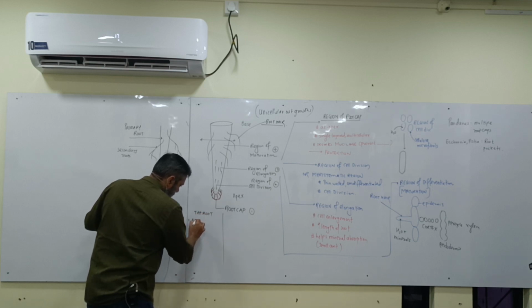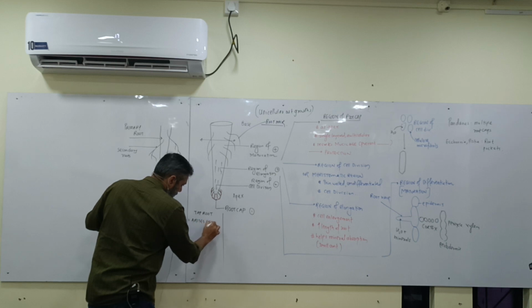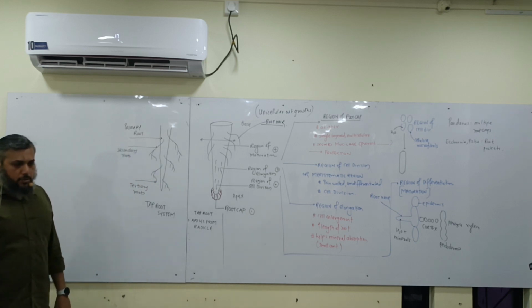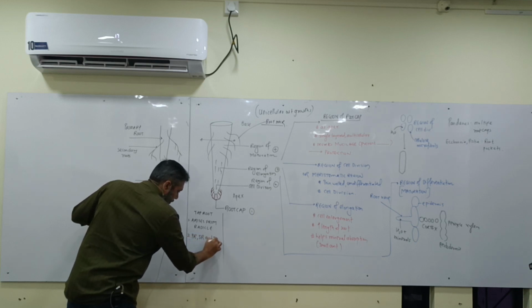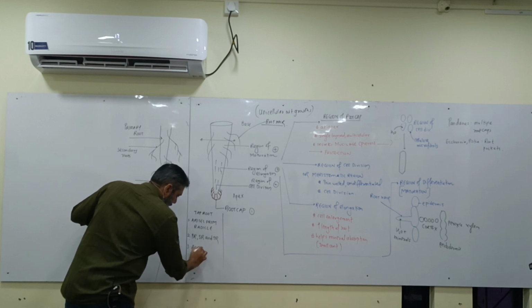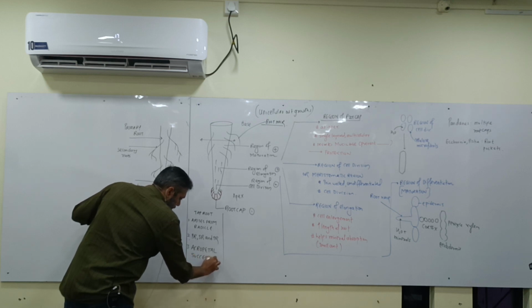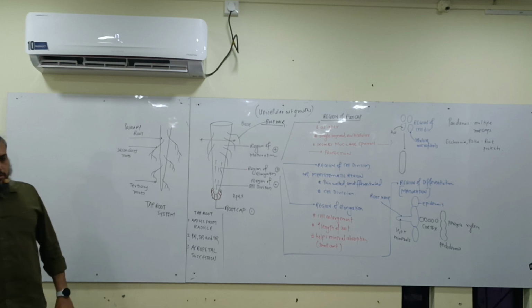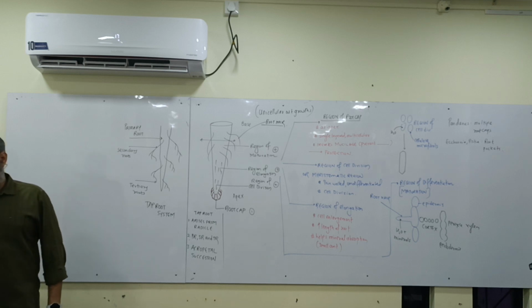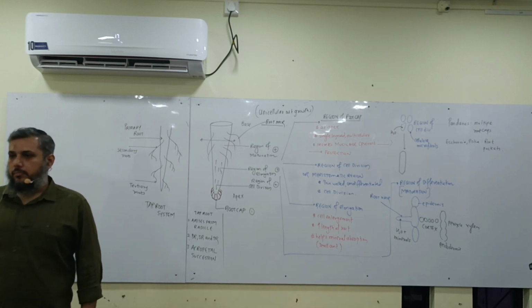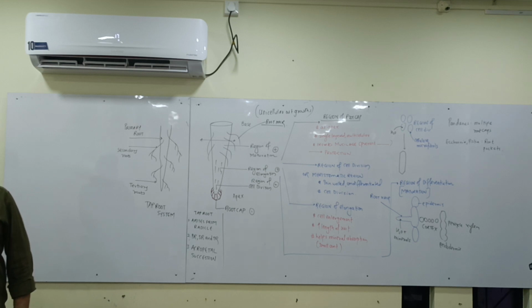Number one, it arises from the radicle directly. Second, it shows the presence of primary root, secondary root, and tertiary roots. And the third is, it shows the presence of an acropetal succession. And what do you mean by acropetal succession? Younger roots are towards the apex and older roots are towards the base. That is called acropetal succession. Clear everybody? Okay.